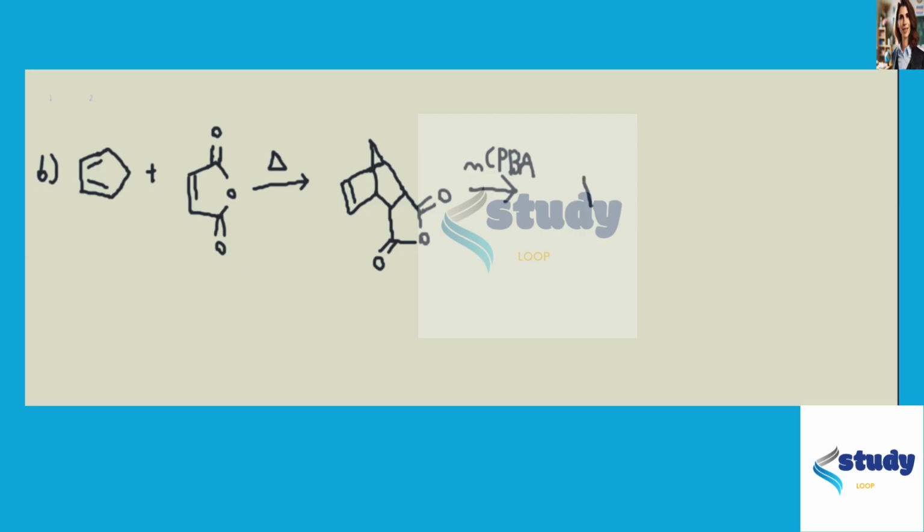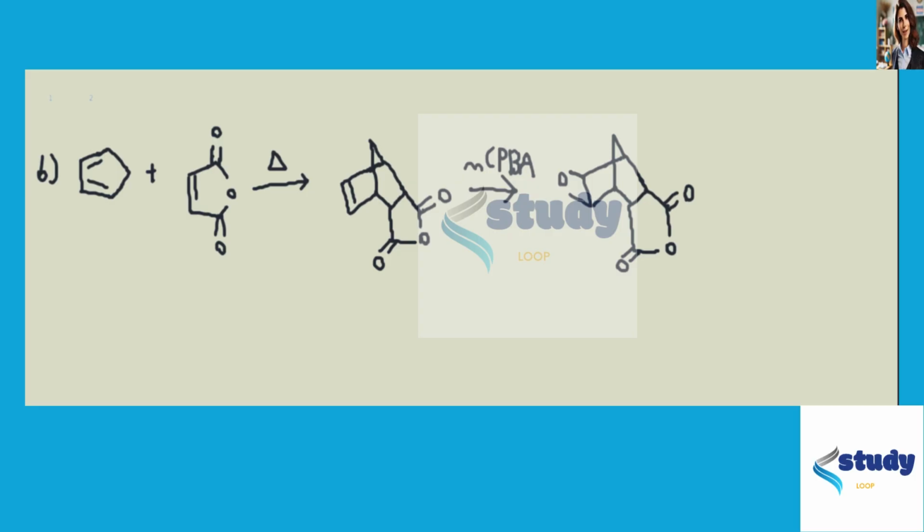And that is really only going to affect that particular double bond. So everything else about this molecule will stay the same. So here are our carbonyls. And so now we will have the epoxide here. And that's the product that we want for B. So that's going to be our final product for B.